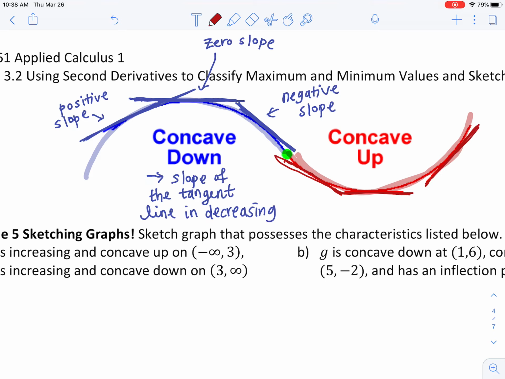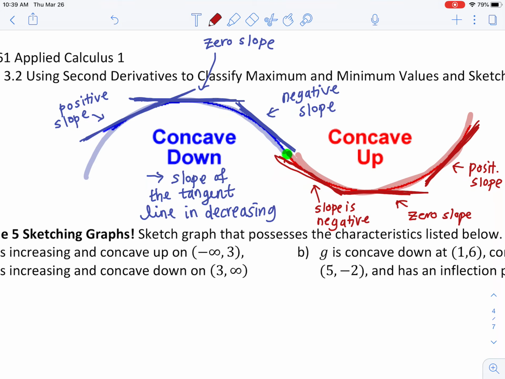So the entire graph will be above its tangent lines. Let's look at these slopes. This slope, from left to right, is going down, so it's negative. A little bit to the right, this flat line has zero slope. And a little bit more to the right, the slope is positive.